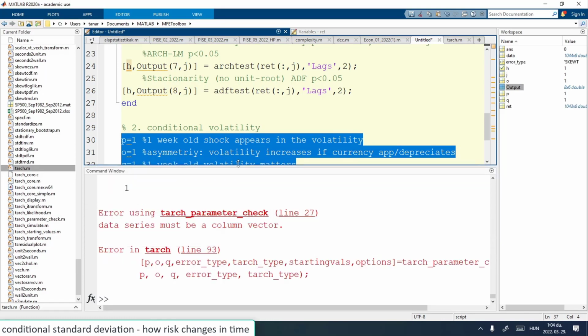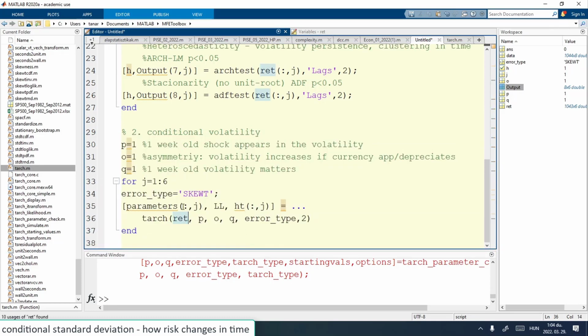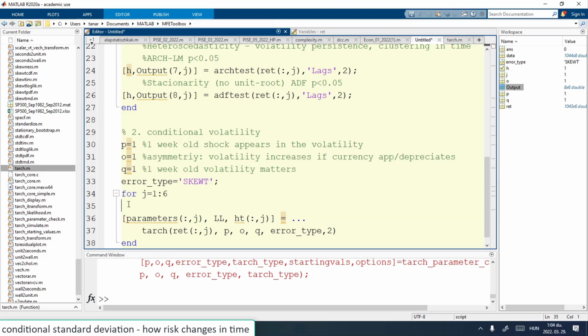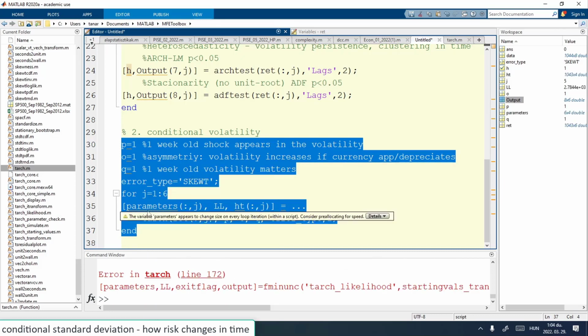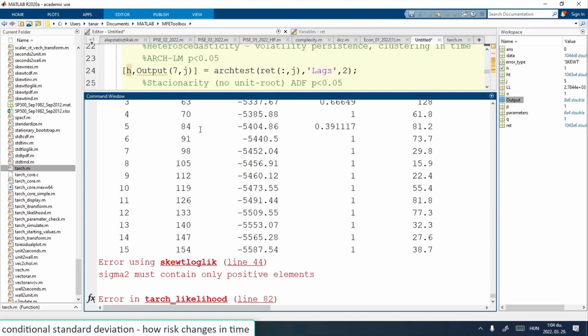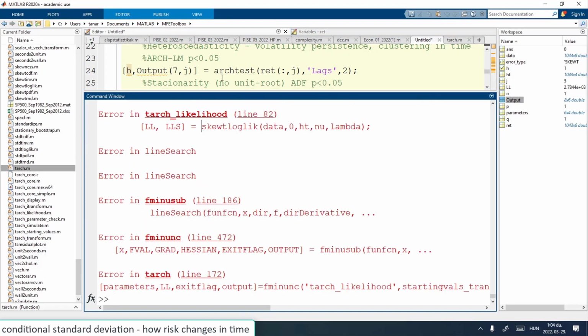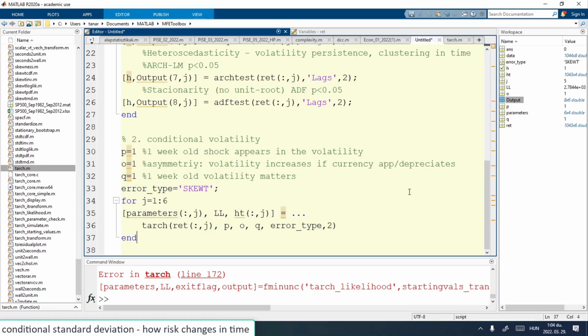And what? Oh, sorry. Okay, I just have to parameterize that the return is also a vector, not a matrix. And it's not running because something is dead. Cool.